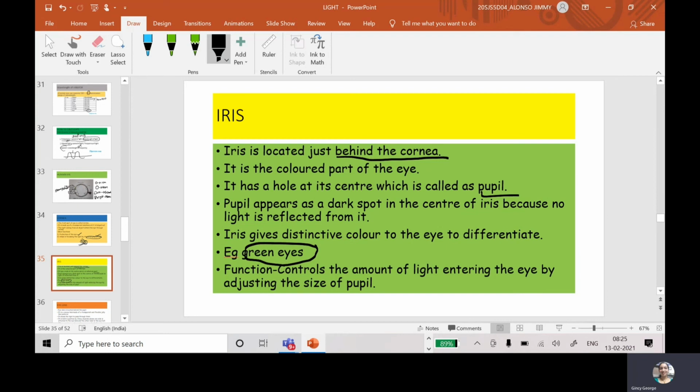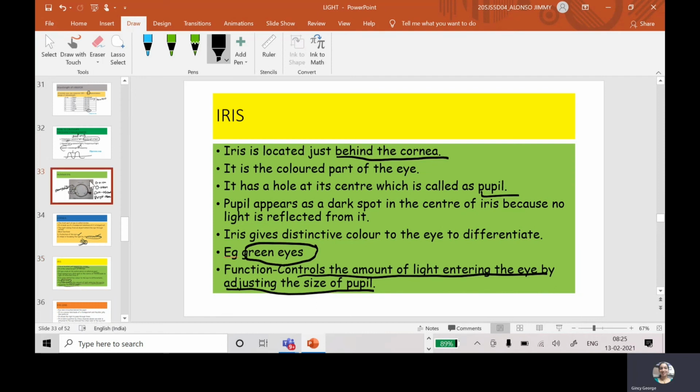If the melanin is light, or less, they will have differently colored eyes. So the main function is controlling the amount of light entering the eye by adjusting the size of the pupil. So what is the next one?